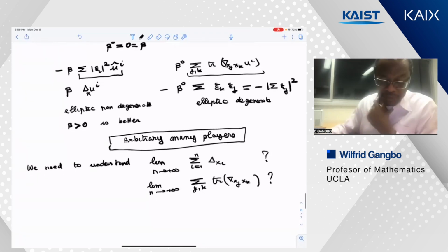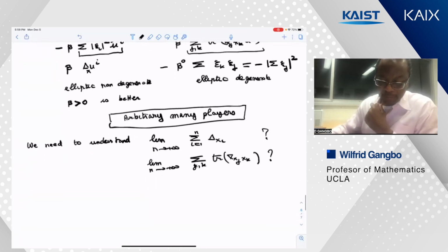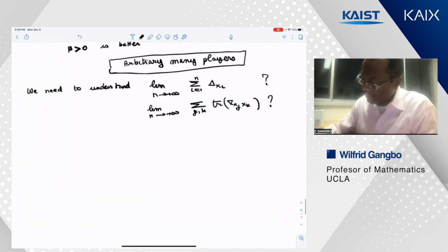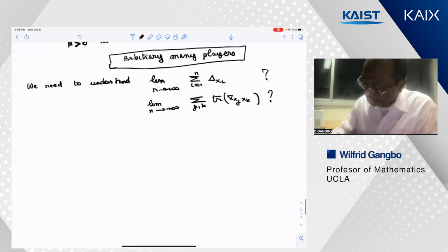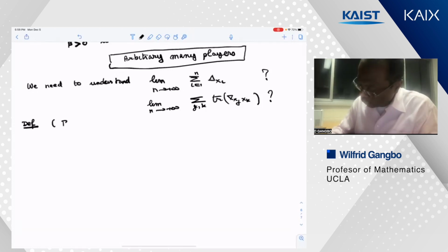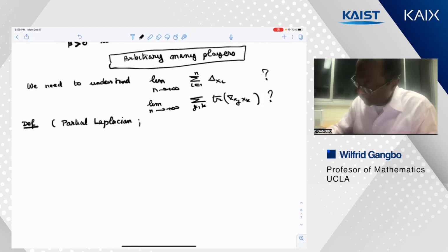So this brings me to the following definition. This is what we term the partial Laplacian. This terminology came from a joint work with Yating Shao and myself.